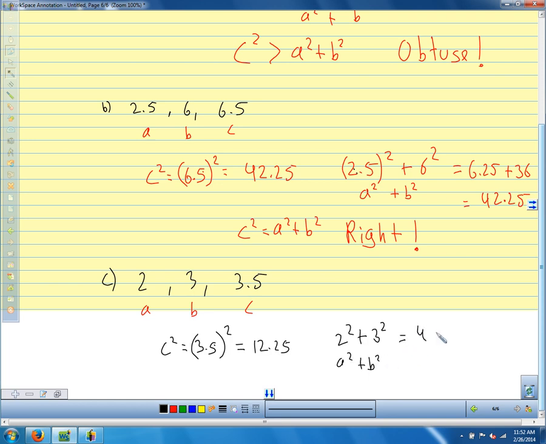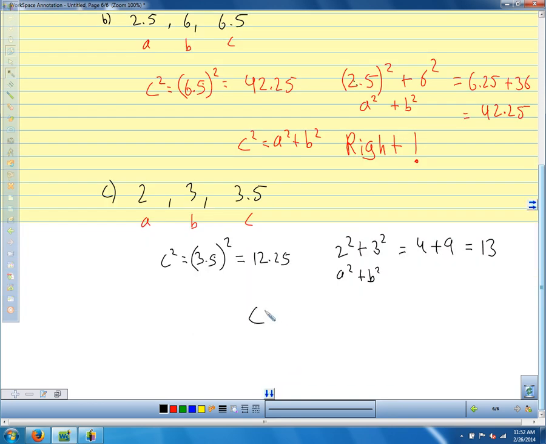So I get 4 plus 9, which is 13. And we get C squared is less than A squared plus B squared. So that tells us we have what kind of triangle? Acute. So our triangle is an acute triangle.